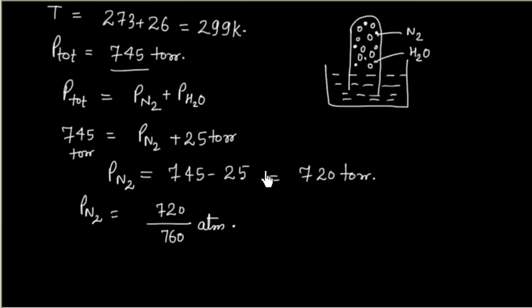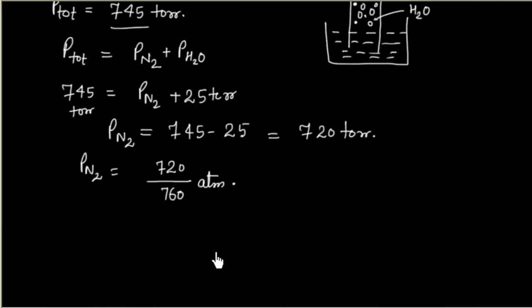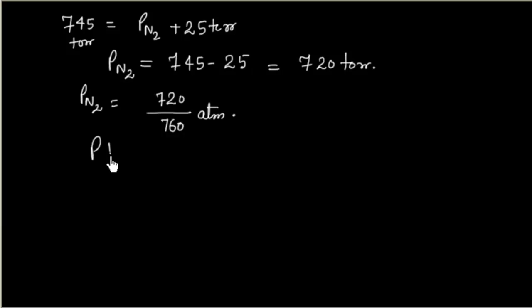Now we have to calculate the number of moles of nitrogen, and then we can calculate the number of moles of ammonium nitrite. So let us apply PV equals nRT. From here we can write n equals PV by RT.